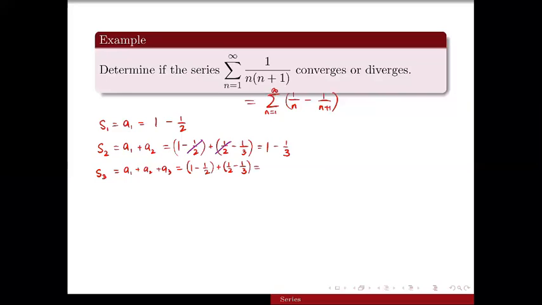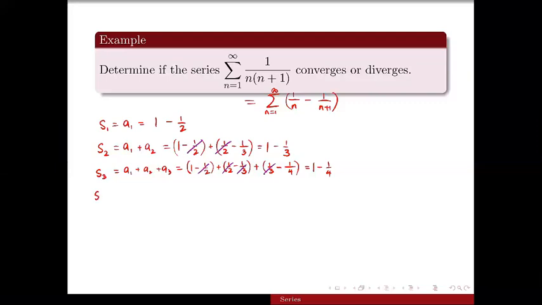For A3, we have n equals 3, so we have 1/3 minus 1 over 3 plus 1, which is 1/4. And observe, this minus 1 half will cancel the plus 1 half. This minus 1/3 will cancel the plus 1/3. So this guy here is just 1 minus 1 over 4.